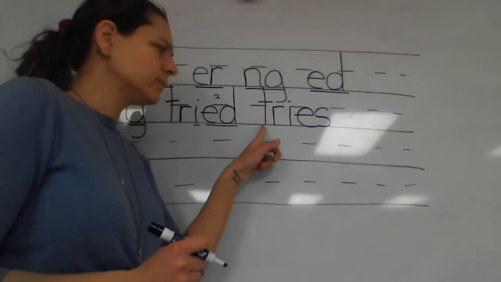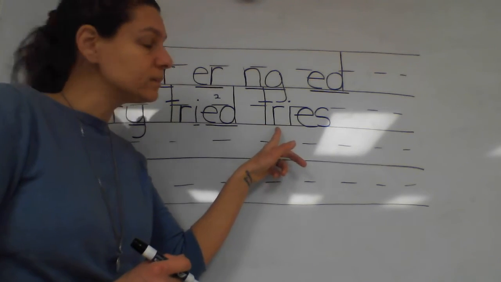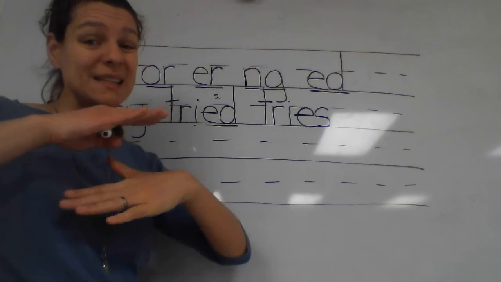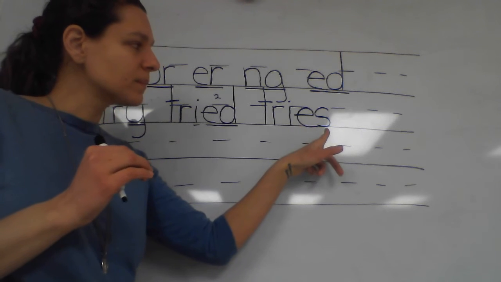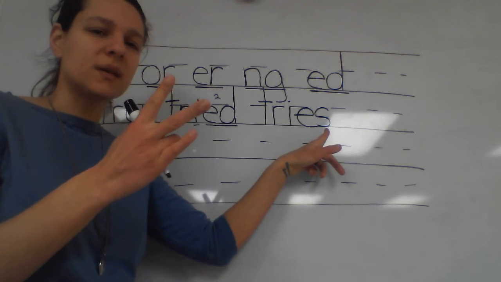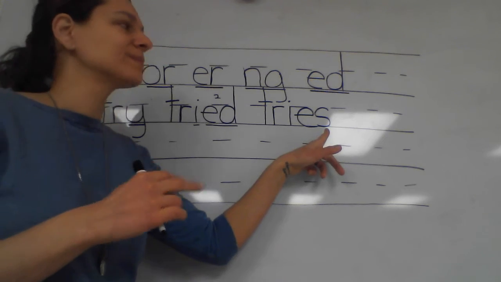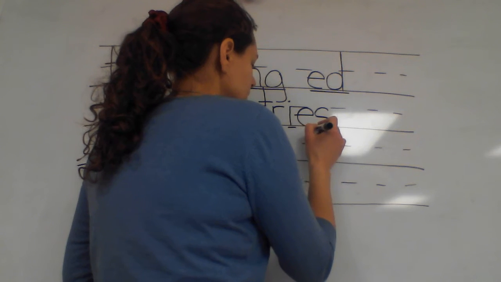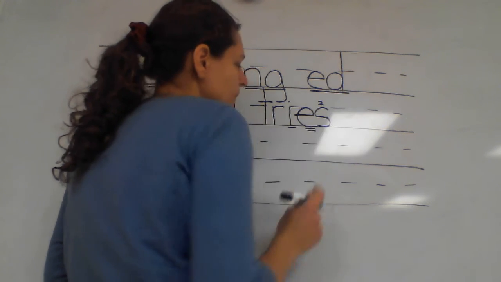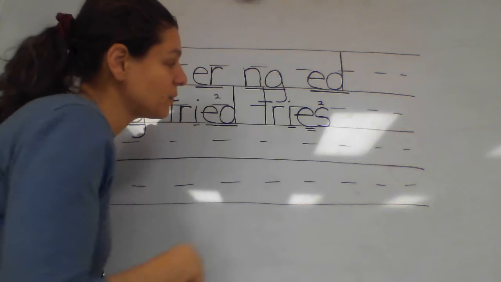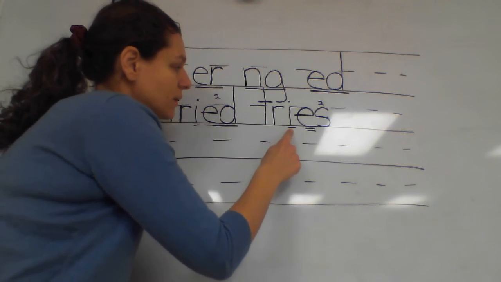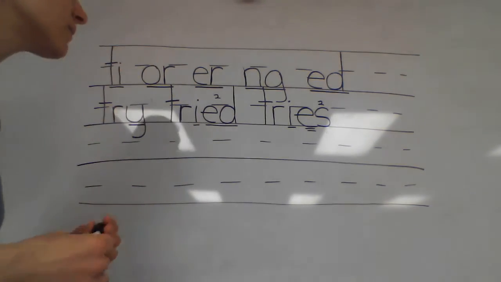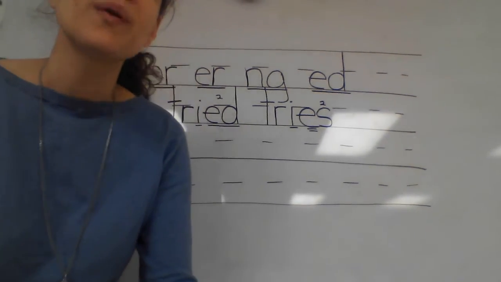Let's mark it. No. Saying its name. Silent. Let's see, is it saying S or Z in tries? Good. Pick up your pencil and mark it. And let's read our word. Good. Tries.